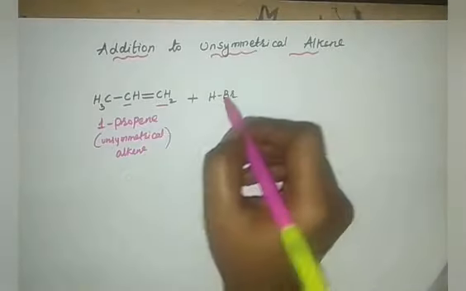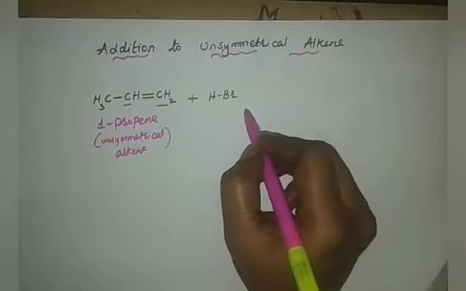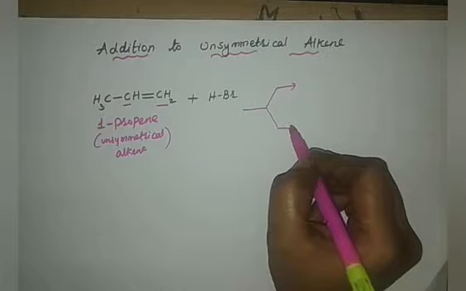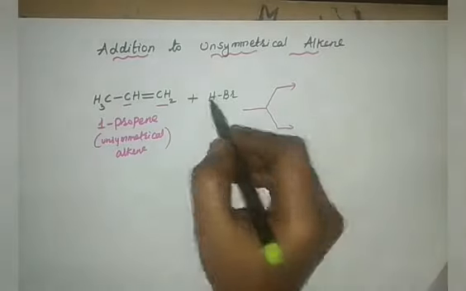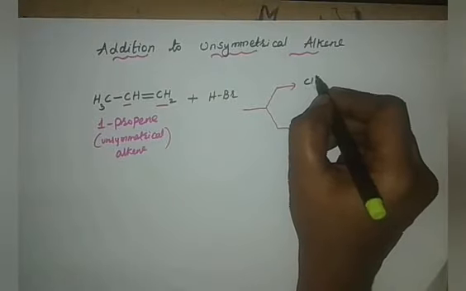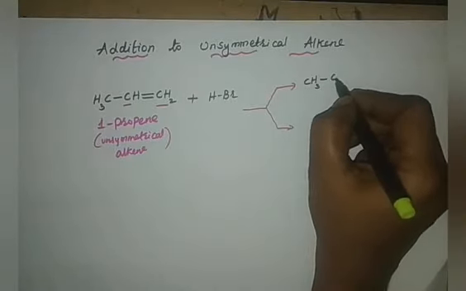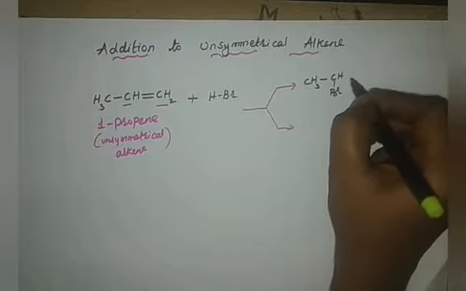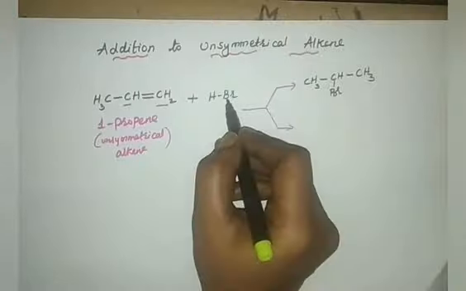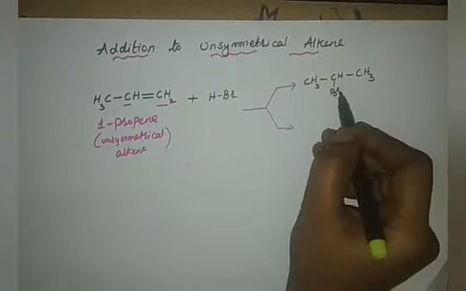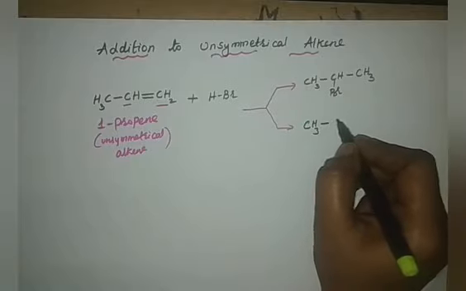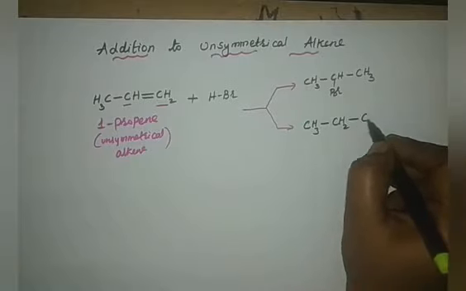So to this, HBr addition is of two types. That means two different products you will get. Hydrogen first, if it is added to first carbon, what is the product? CH3, CHBr and CH3. Because if hydrogen is added to first carbon, Br will be added to second carbon. And if reverse, CH3, CH2 and CH2Br.